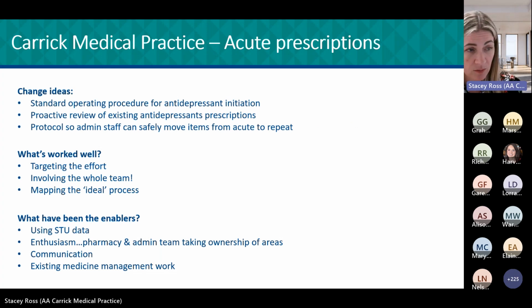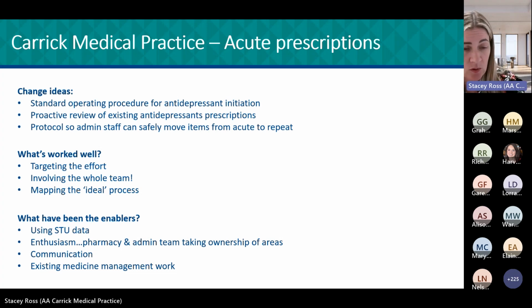So our change ideas were, we created a SOP for antidepressant initiation, whereby instead of putting onto acutes, our GP puts it on with an issue limit of 1 and gets the patient to make their antidepressant review, and they can increase the time if they decide, or increase the dosage or whatever.